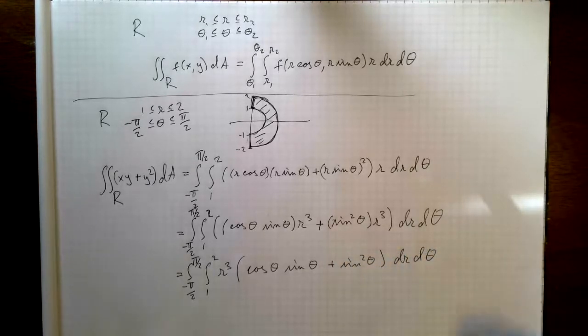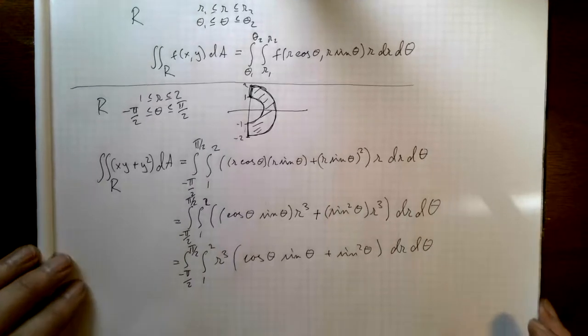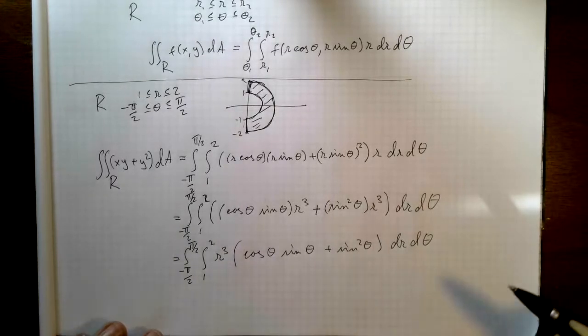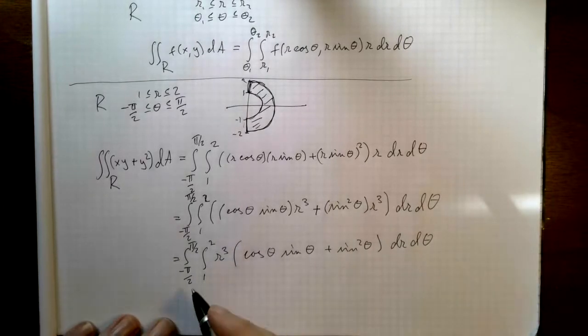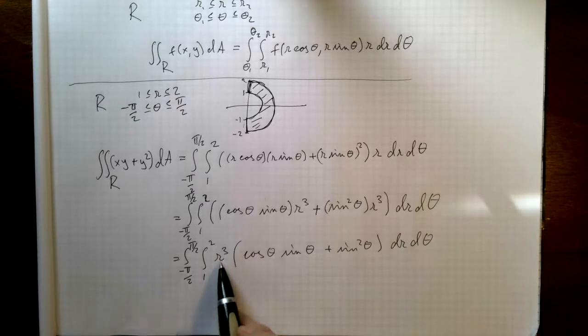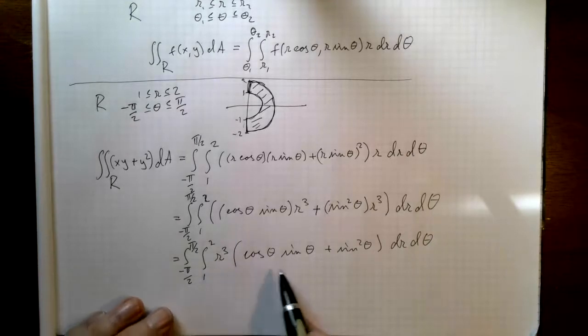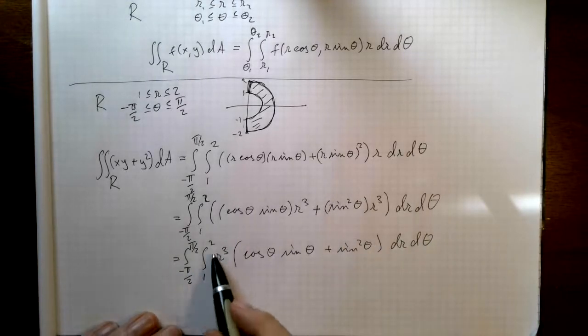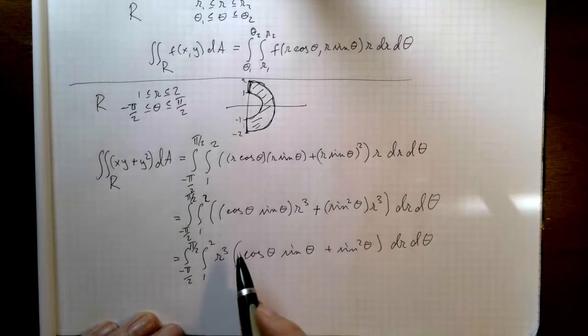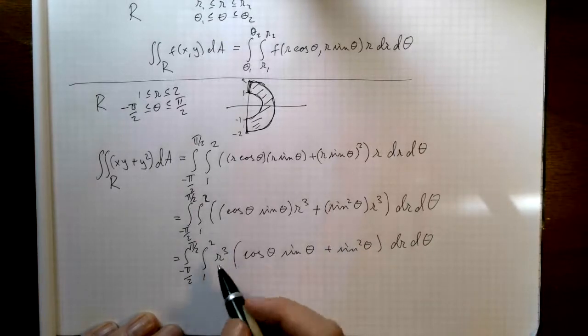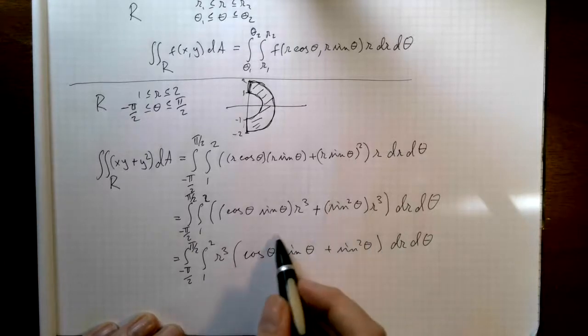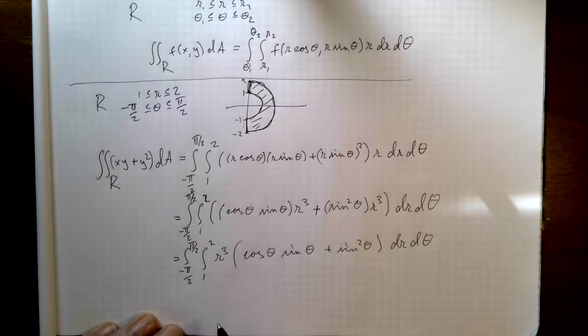And now we have our little not a cheat, but a little rule for how we can integrate these in a simpler way. What's underneath the integral is something in one variable times something in the other variable, as r cubed does not depend on theta, and this thing does not depend on r.